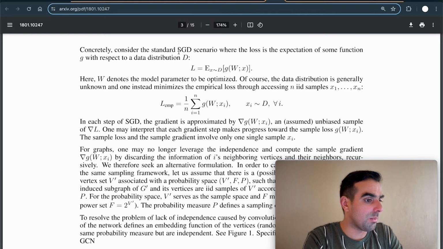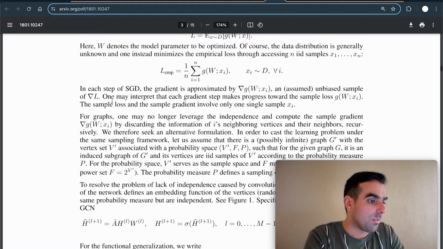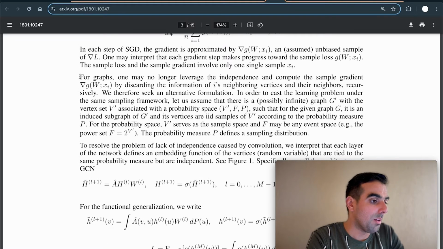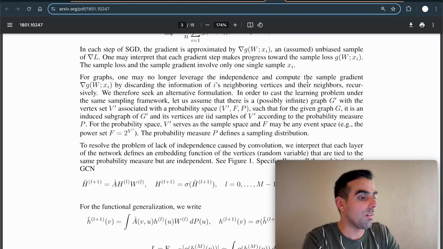So here they talked about stochastic gradient descent for standard neural nets. One may interpret that each gradient step makes progress toward the sample loss, the gradient giving a learnable parameter and a sample that we introduce to the network. The sample loss and the sample gradient involve only one single sample, xi. But for graphs, one may no longer leverage the independence and compute the sample gradient, discounting the information of i's neighboring vertices and their neighbors recursively.